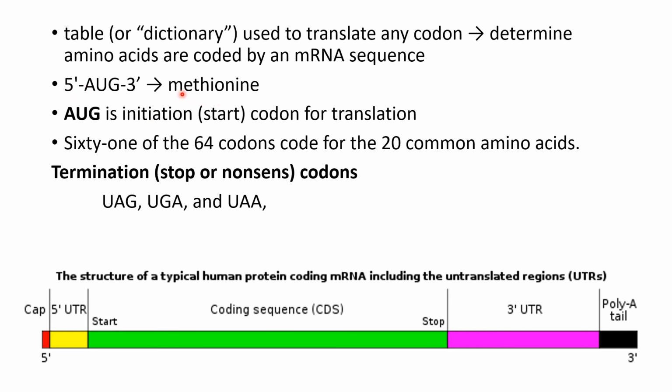So this initiation codon is present at the start of the messenger RNA, and it may also be present in between on the messenger RNA, where it is involved in the addition of methionine. And there are three codons known as the stop codons for the termination of the translational process. UAG, UGA and UAA are the stop codons.